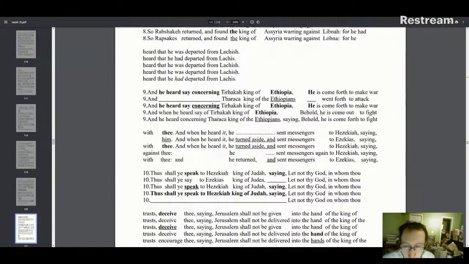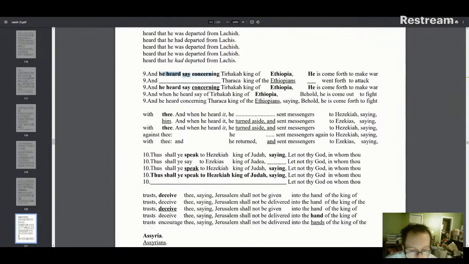And then we have all the other versions say, he heard say concerning. Septuagint doesn't say, he heard say concerning. Interestingly, the Hebrew of Isaiah and 2 Kings quote this as words being said, whereas Septuagint changes it to be a general statement, saying the king of the Ethiopians went forth to attack him.